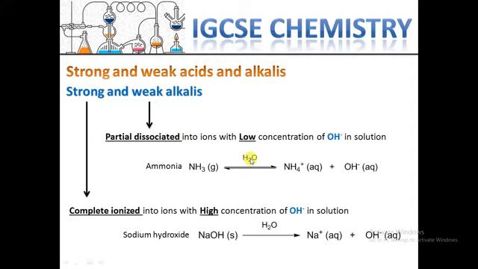When you dissolve it into the water, it can be separated into cation and anion. The anion form is hydroxide. But it is not all separated. Just some of them are separated partially and produce a low concentration of hydroxide. So that's why we call them weak alkalis.